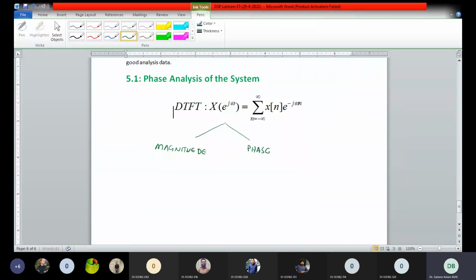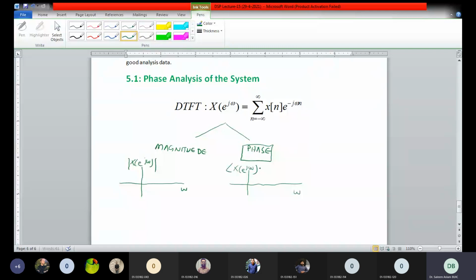So your article number 5 is basically focusing on your phase analysis. Let me draw a plot here as well. Here we are trying to plot omega versus the magnitude of X(e^{jω}). And here we are getting omega versus the angle of X(e^{jω}).